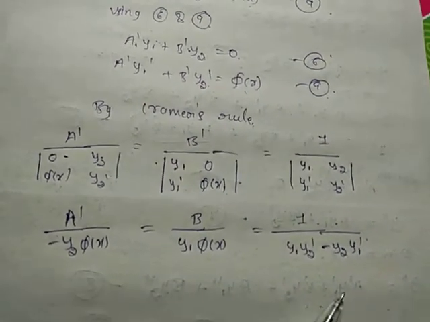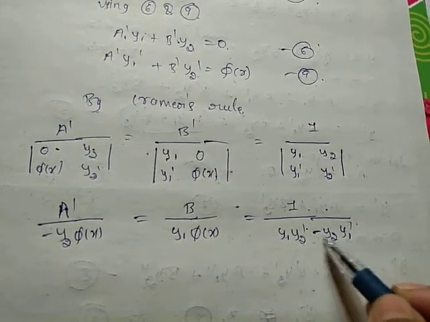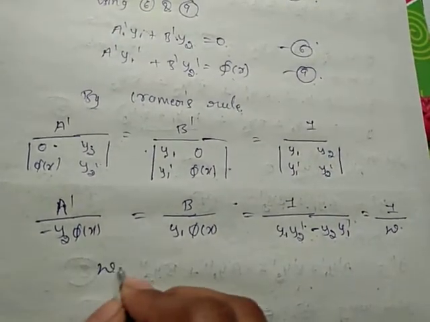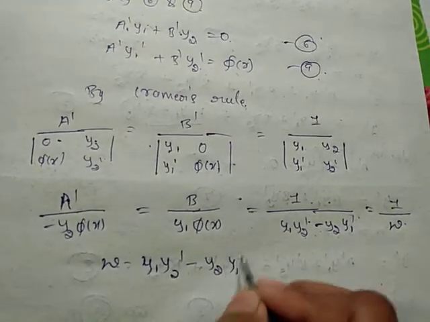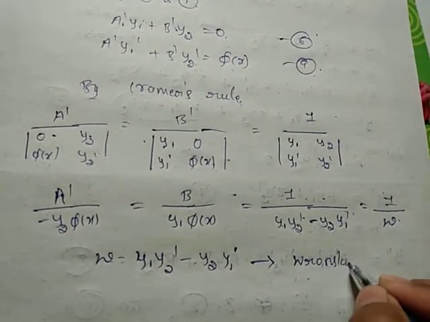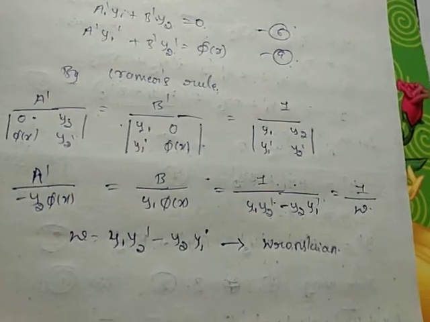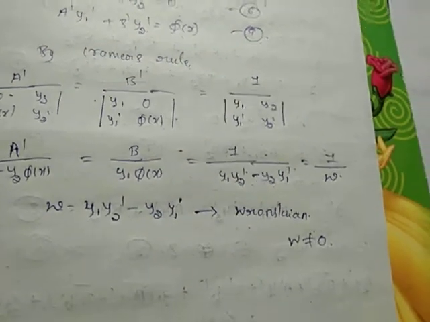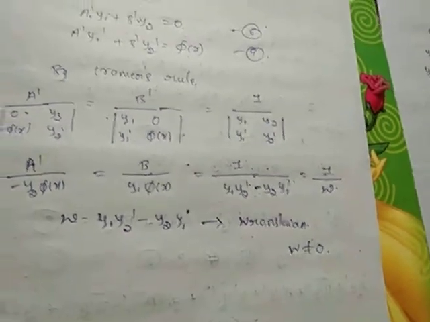After simplifying this, I am going to take the value y1 y2 dash minus y2 y1 dash and substitute it as w, where w equals y1 y2 dash minus y2 y1 dash. That is called the Wronskian function. The Wronskian is not equal to 0 because y1 and y2 are two independent solutions.